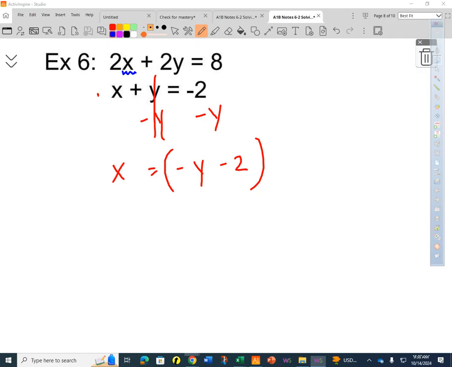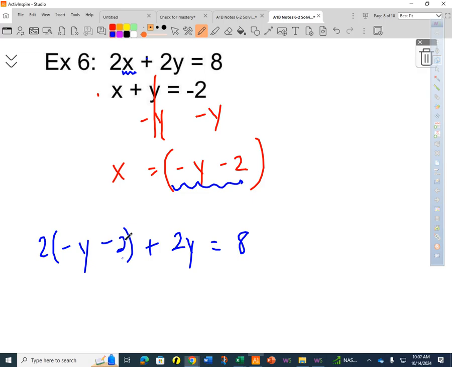All right. So now, in this first equation, 2 times x, but now I'm going to use this for x. So this x is the same as the opposite of y minus 2. So parentheses, 2 times negative y minus 2, plus 2y equals 8. The only difference here and here is that instead of x, I wrote its substitution value.